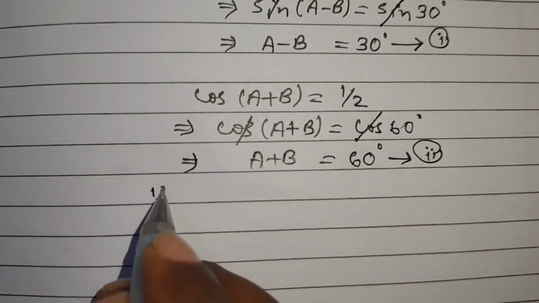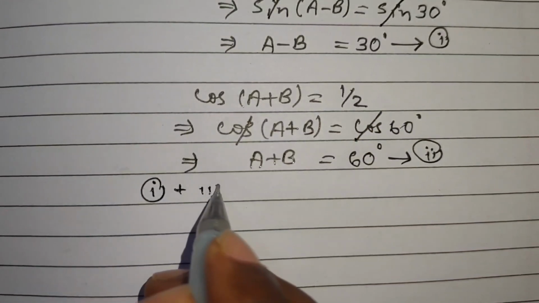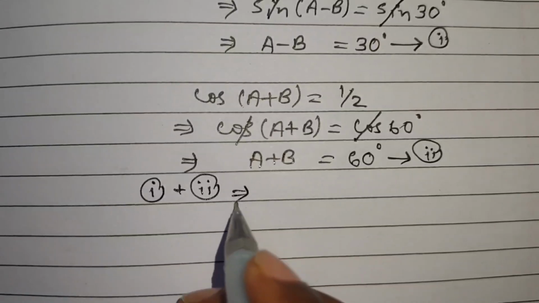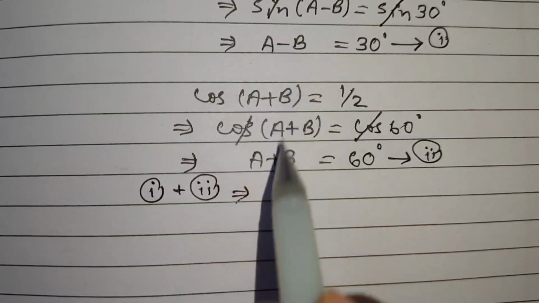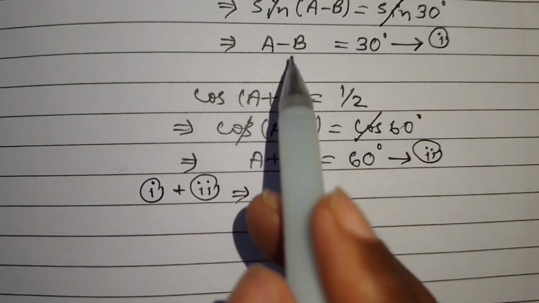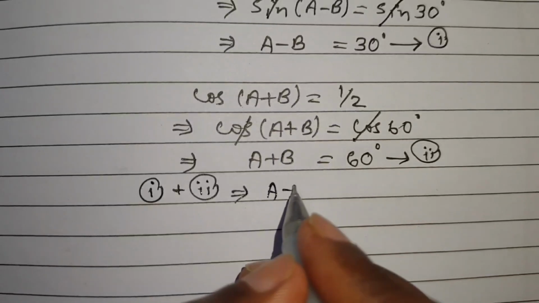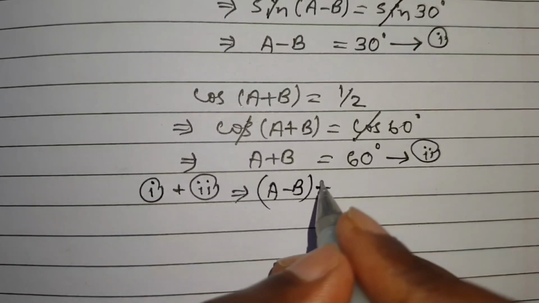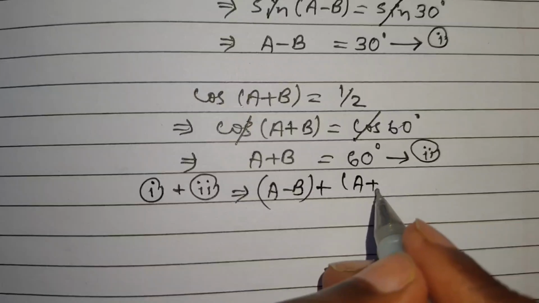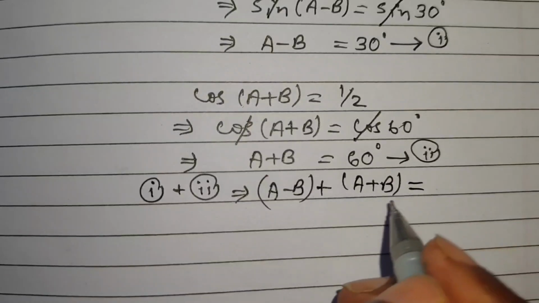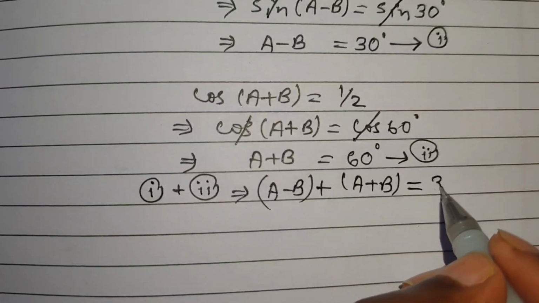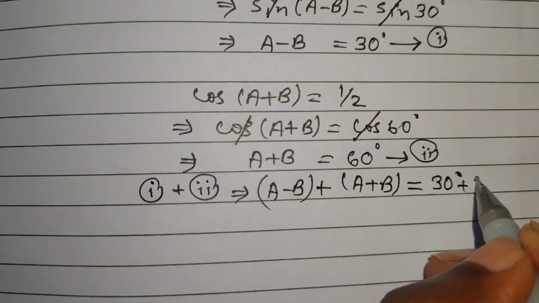Now we add equation 1 and 2. 1 plus 2 implies a minus b within bracket plus within bracket a plus b is equal to 30 degree plus 60 degree.